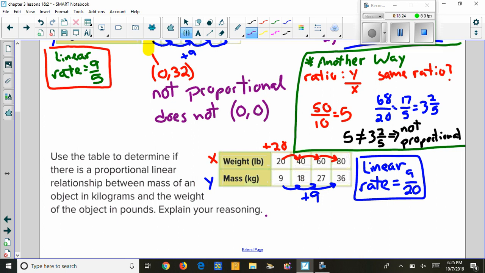One way is we could count backwards. And what I mean by that is I know my points are all increasing by 20 and then increasing by 9. But what if I take that pattern backwards and I subtract?